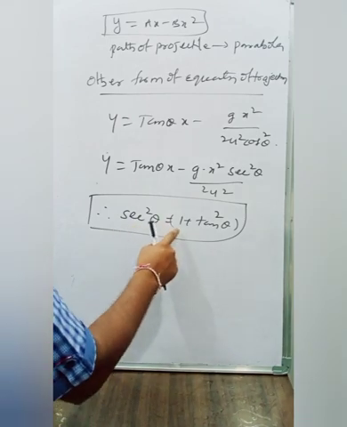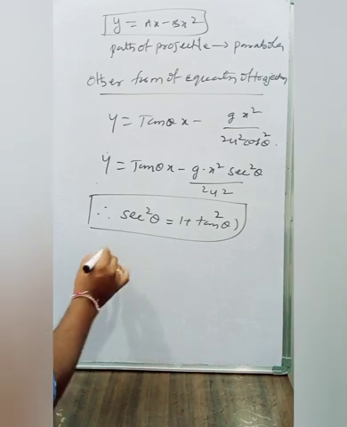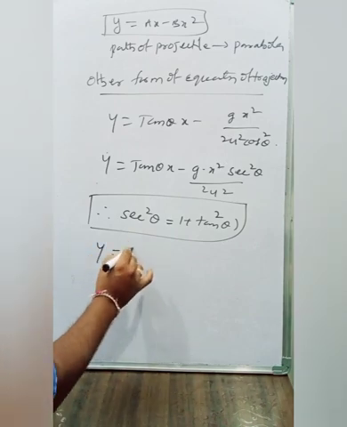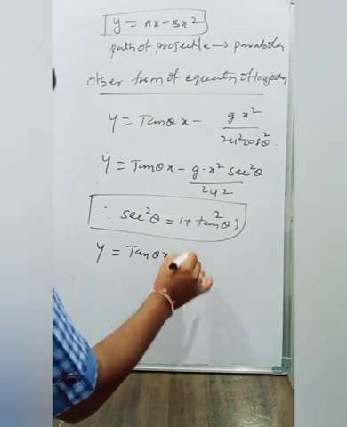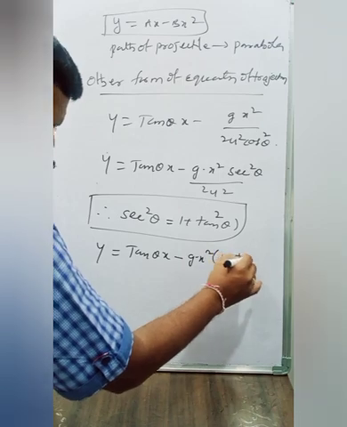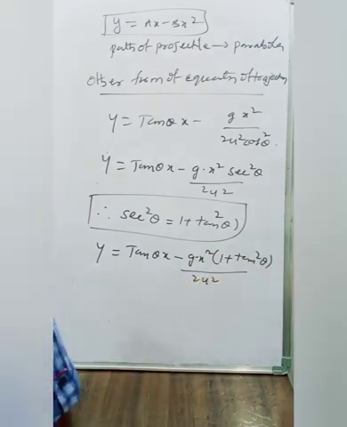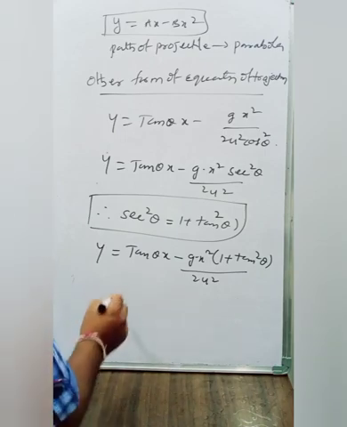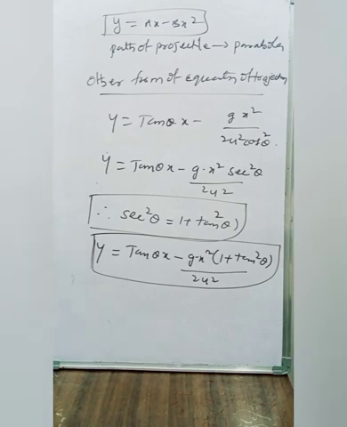Since secant square theta is equal to 1 plus tan square theta, therefore y is equal to tan theta x minus g x square into 1 plus tan square theta by 2 u square. So this is another form of the equation of trajectory.